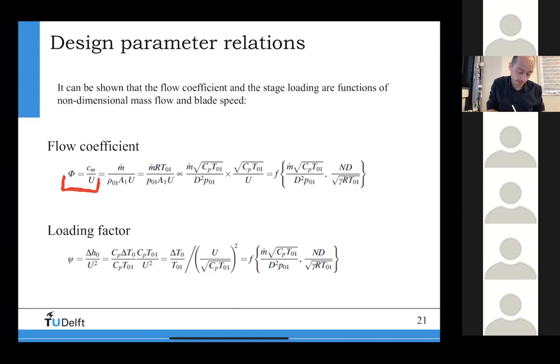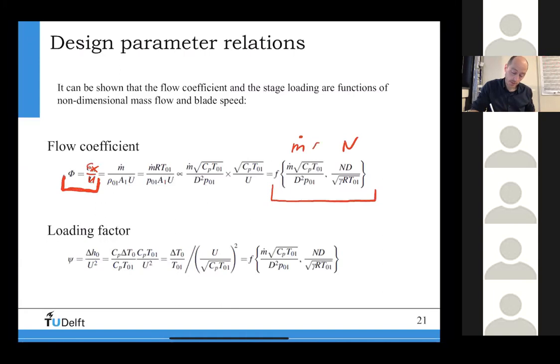Or design parameter φ here, which is Cx, let's call this one Cx, divided by the rotational speed of the rotor, is in fact also, that's what I wanted to have, a function of the non-dimensional mass flow here and the rotational speed N. Or, of course, they are equivalent, right?